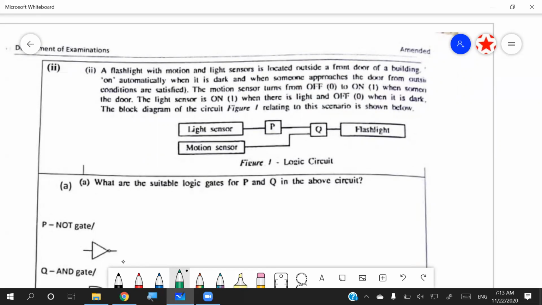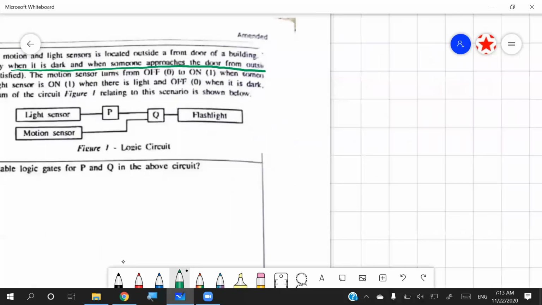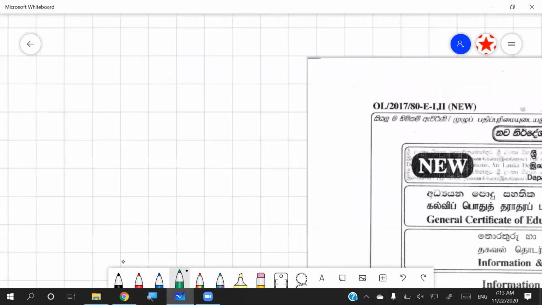And it says when it is dark and when someone approaches the door from outside, okay, there is a part of the question. Hold on, I'll go to the question page.